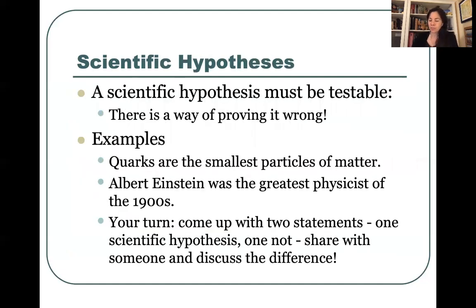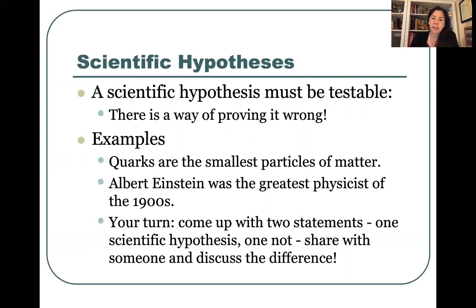All right, so we just talked about how there could be hypotheses that would be actually not so great. And before we go into actually figuring out a hypothesis for your project, let's think about what would be a good one and what would be a bad one.